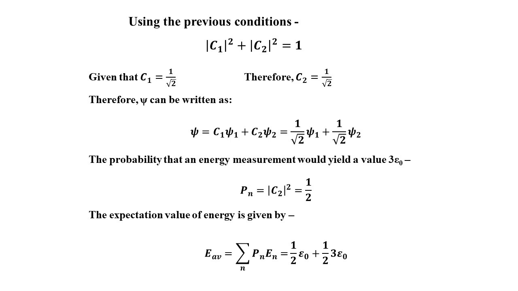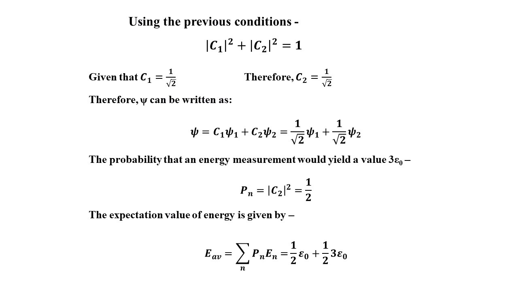Here C1 is given as 1 by root 2. Therefore C2 is 1 by root 2 again, and the normalized wave function psi can be written, putting the values of C1 and C2, as 1 by root 2 psi 1 plus 1 by root 2 psi 2.